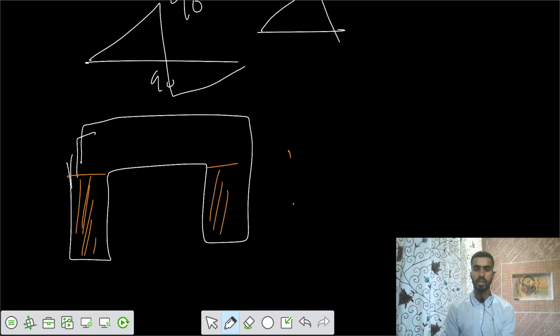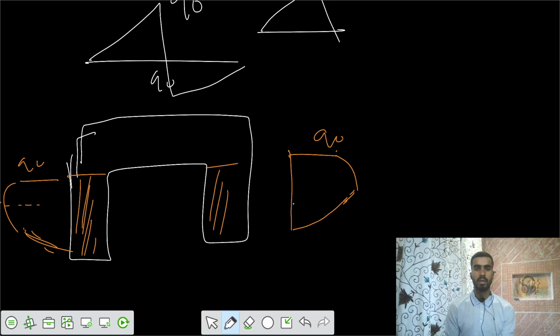Then we can show the variation: this is some value of q, it goes to some maximum value, then decreases. Similarly, from this side you have some value of q, then it goes to some maximum, then to 0. And from the top, we have this variation. So this is the variation of shear flow.